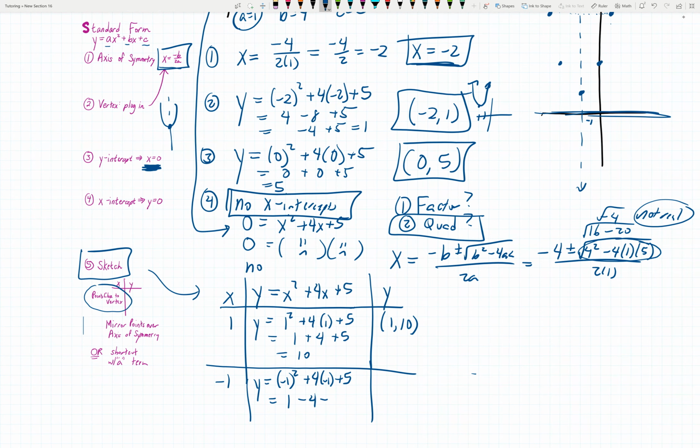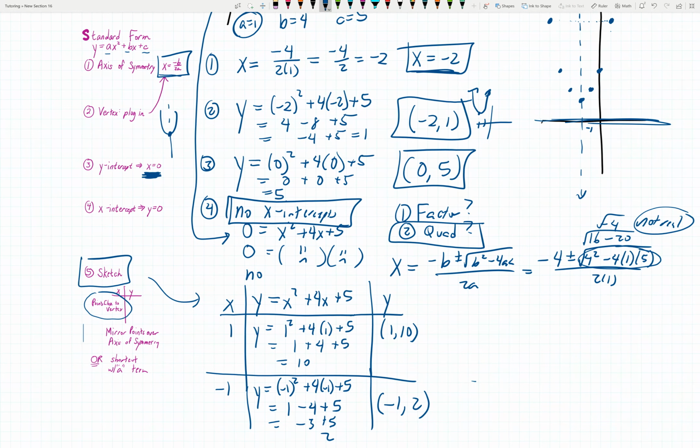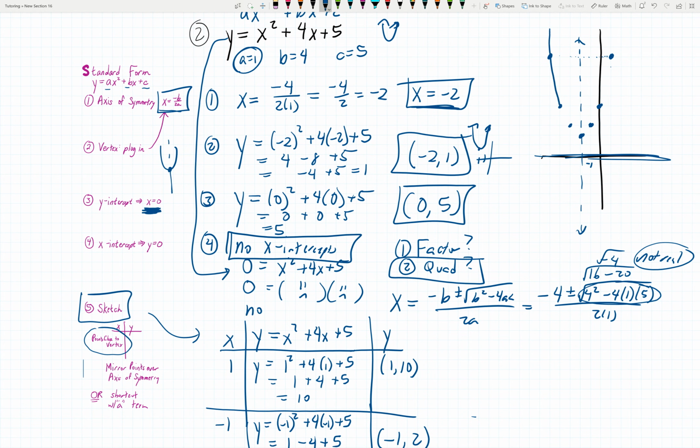So it's 1 minus 4 plus 5, is negative 3 plus 5, is 2. So when x is negative 1, the y is 2. Plot that point. Plot the point on the other side for free. And then we sketch that gorgeous parabola. And there he is. Oh, so pretty.